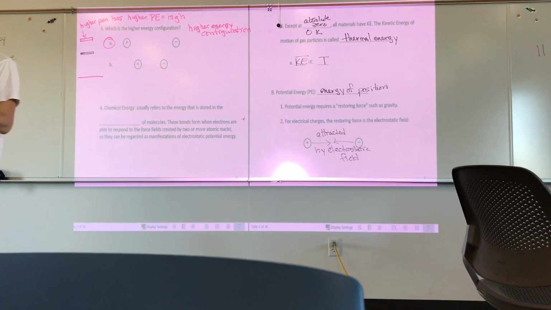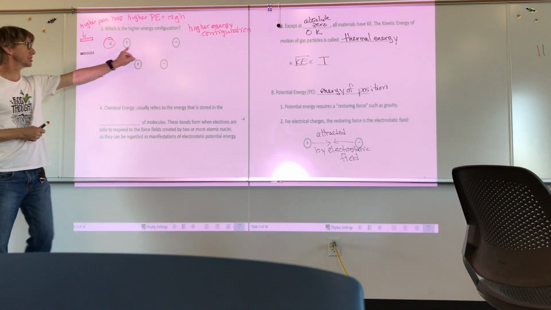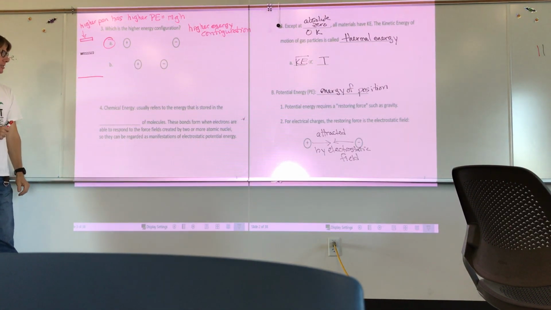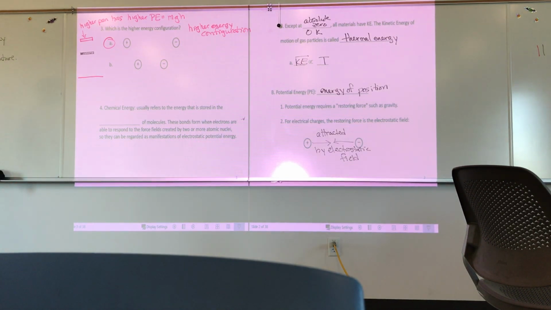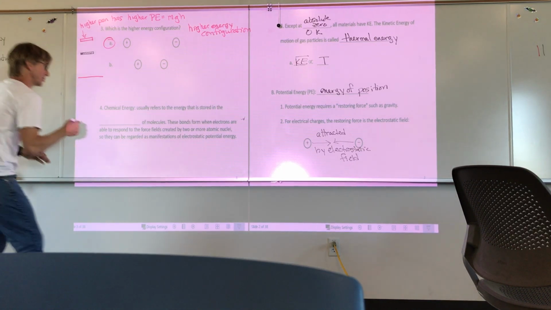Some of them will be partial charges, specifically when you think of intermolecular forces and dipoles. But in the end, it's all charges, and we just have to figure out what their positions are to find out how much energy there is. Chemical energy usually refers to the energy that is stored in the bonds of molecules.